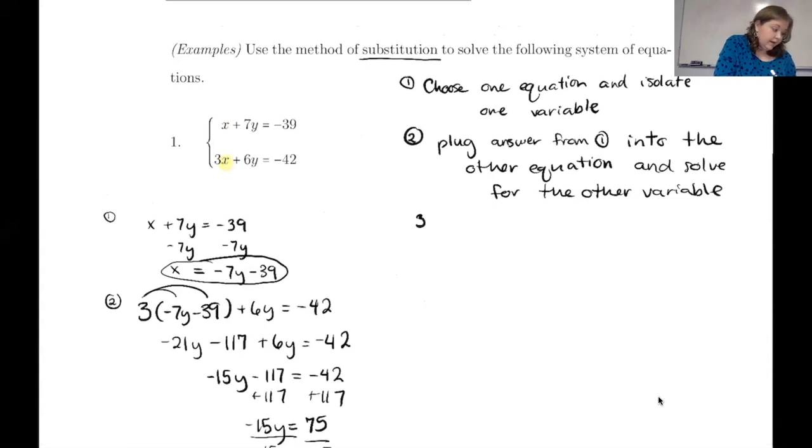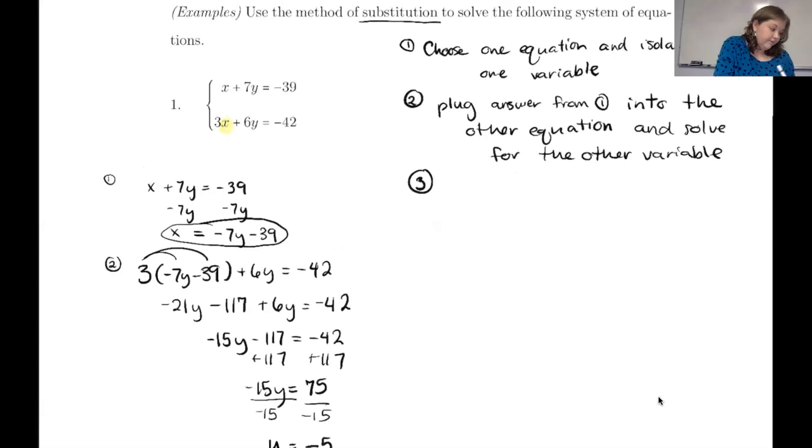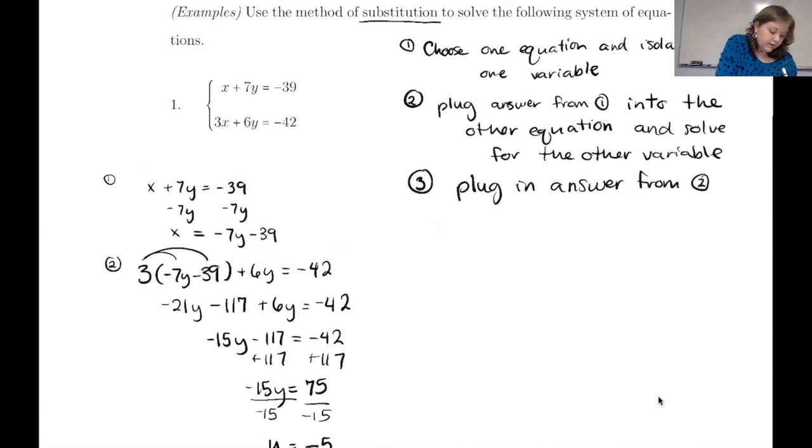So in step 3, we're going to take our answer from step 2 and plug that into either equation, or really the easiest thing is to plug it into this form that we got in step 1. So I'm going to say plug in the answer from step 2 into either equation.